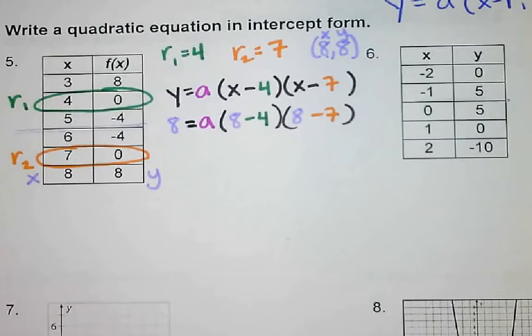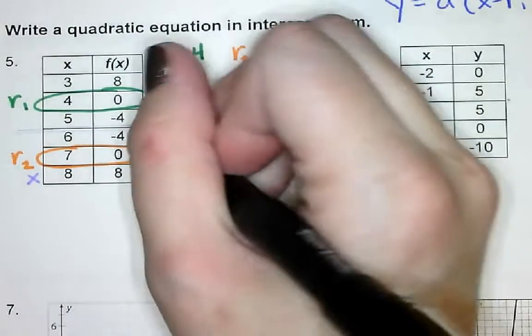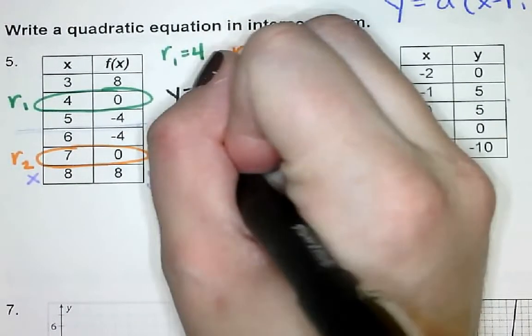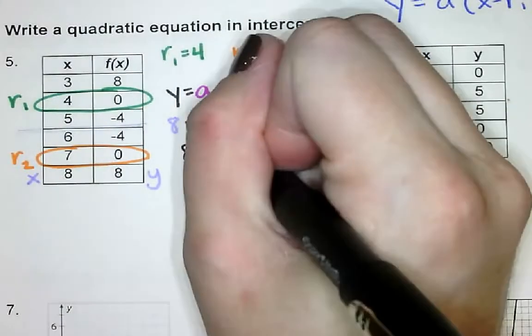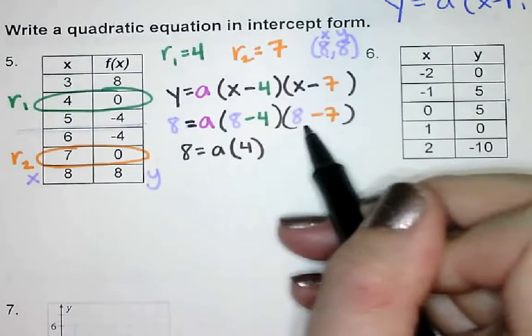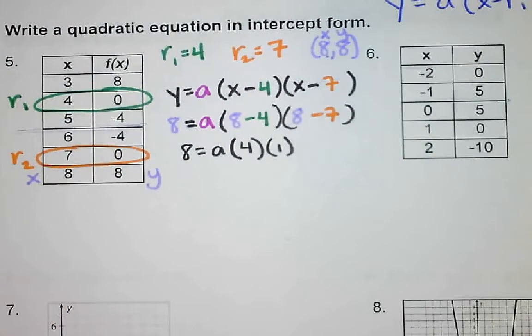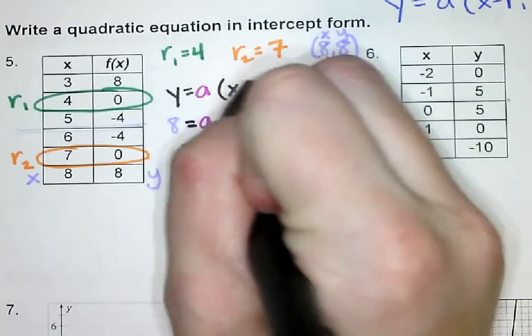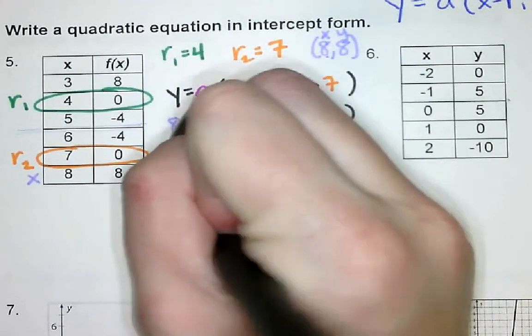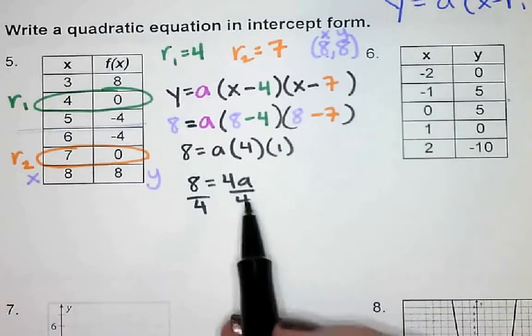The only unknown variable here is a. I'm going to say 8 is equal to a times, what's 8 minus 4? 8 minus 7 is just 1. That's why you always pick one right next to it, because it makes it 1 or negative 1. It's really nice. So now we have 8 is equal to 4a. I divide by 4. And my a is equal to 2. Do y'all feel good about that?